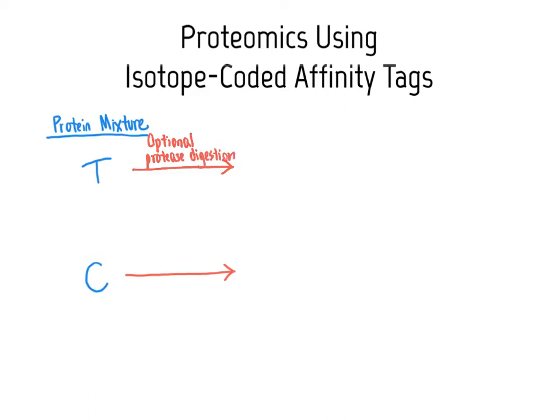This is done for a few reasons, one of which is that, as we talked about in the last video, the process of mass spectrometry is generally simplified and more robust if we are using peptides rather than full, complete, intact proteins. And so the protease digestion simplifies the mixtures a bit in terms of their capacity for mass spectrometry.